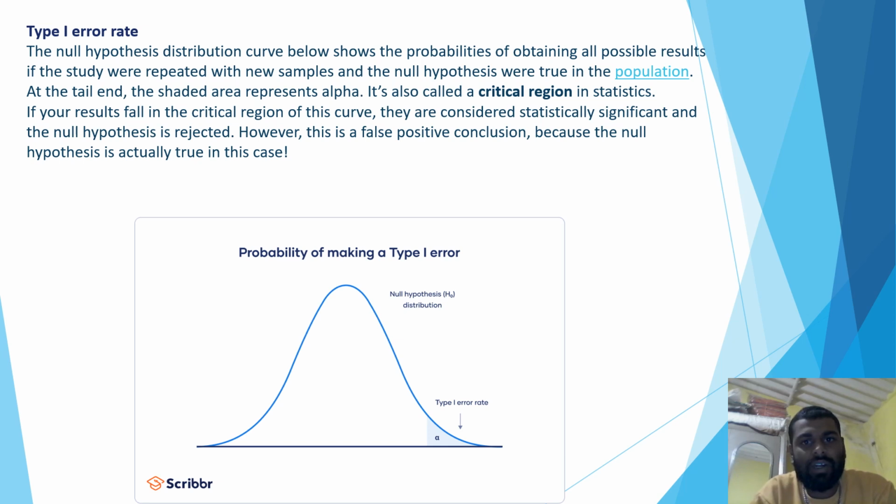It's also called the critical region. If your results fall in the critical region of this curve, they are considered statistically significant and the null hypothesis is rejected. However, this is a false positive conclusion because the null hypothesis is actually true.